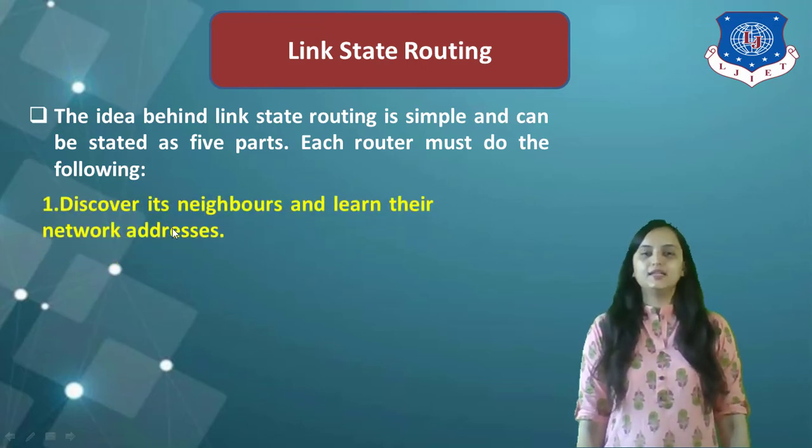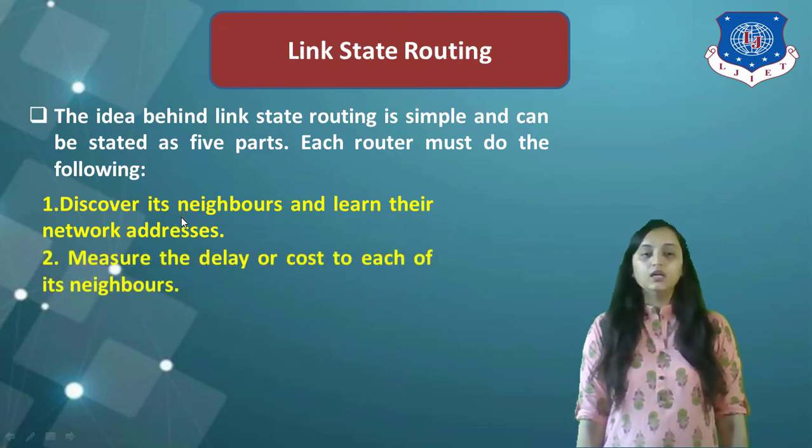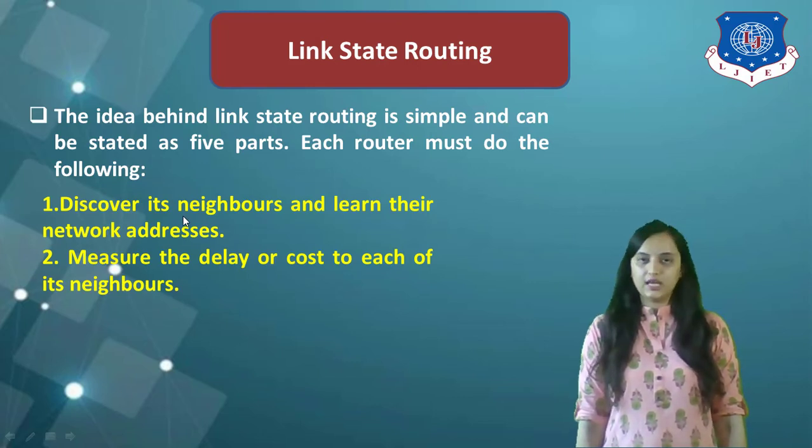First, discover its neighbors and learn their network addresses. Second, measure the delay or cost to each of its neighbors, or whatever the parameters are according to the network requirement. It has to measure and update this according to its neighbors.